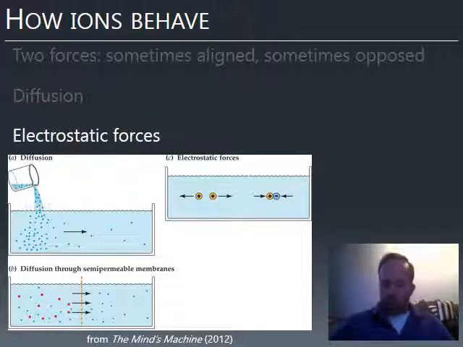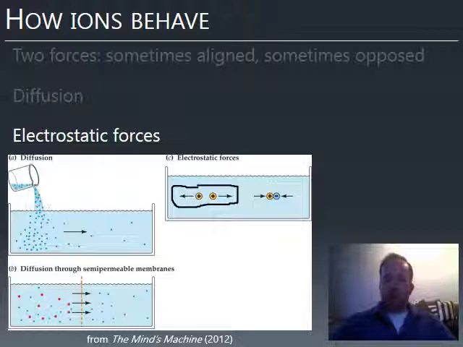But there's a second force in place called an electrostatic force. And all that means, and we've probably already heard this concept many times, is that positive charges repel each other, and negative charges repel each other, but opposite charges attract one another. So if you have two positive ions, as we see here, or two negative ions, it would work the same way, they tend to move apart.